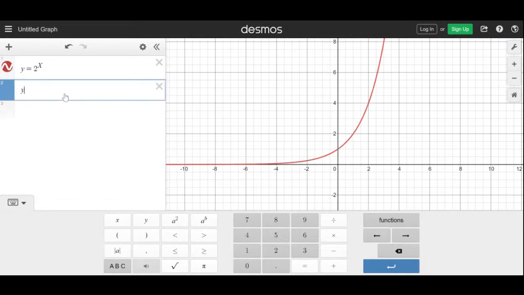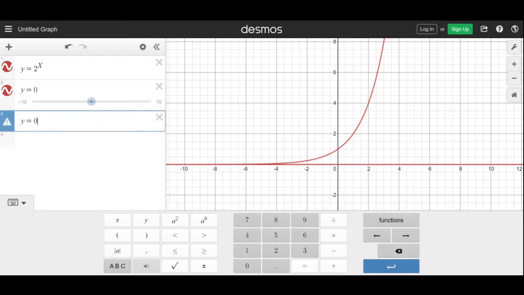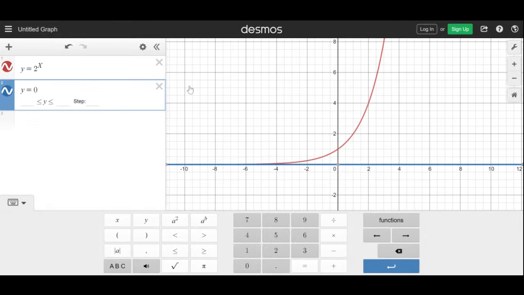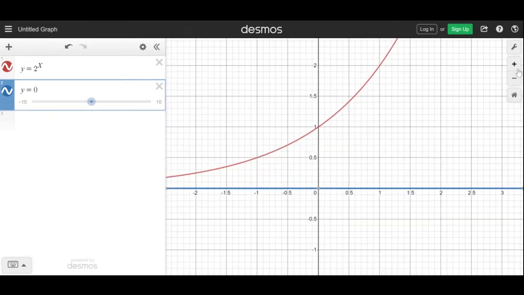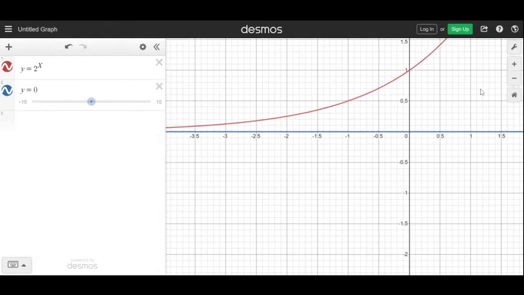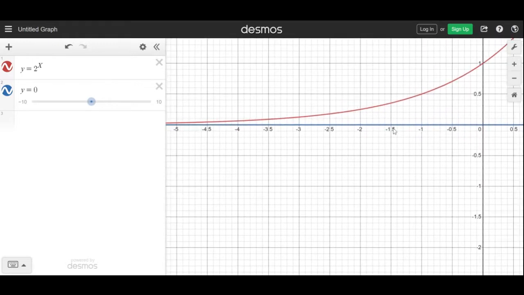And analyzing this also, we have a horizontal asymptote here at the x-axis, which is y is equal to 0. I'll just use a different color here. So let's have the blue one. And analyzing the graph here, it's the red curve approaching the blue line, which is the x-axis, y is equal to 0. So that is our asymptote there.